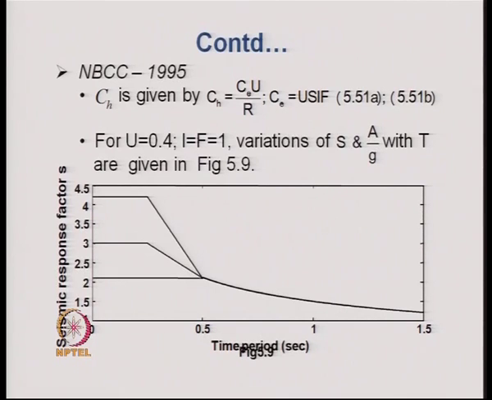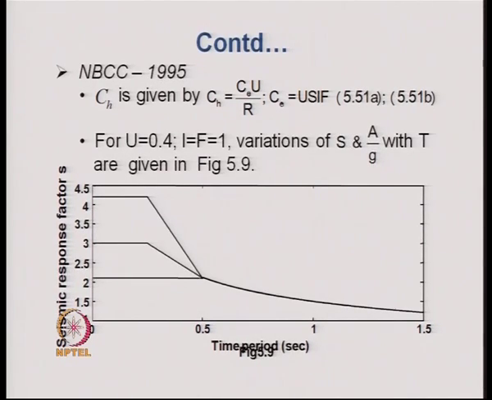So, up to a time period of 0.5, these branches specify the kind of zoning that is considered. If the zone is an acceleration prone zone, then we take the top curve.